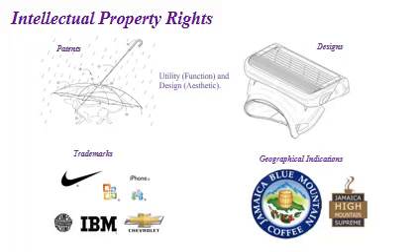Here we are showing the intellectual property rights of different terms. Here we are showing the patent, design patent, trademarks, geographical indications. Here we are showing some images for the different terms inside intellectual property rights.